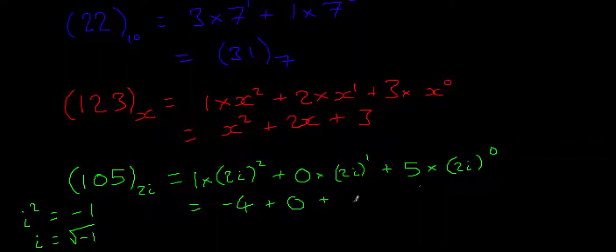Well, 2i to the 0 is 1, so plus 5, so this is equal to 1.